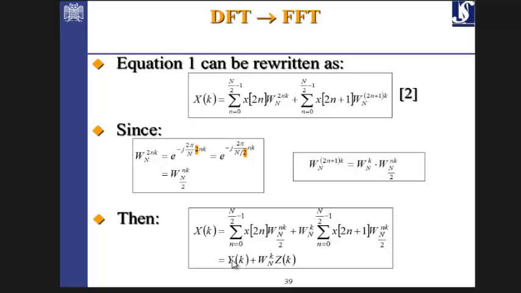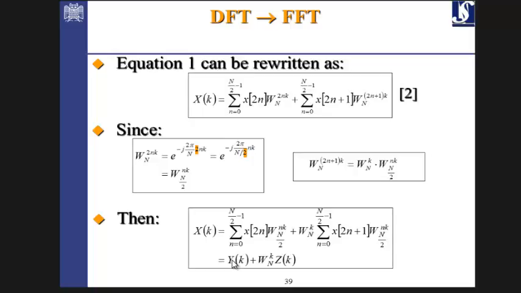And if you use such a thing, then you can simplify that, because we know that, for example, this function W_N to the power of 2nk can be rewritten in this form, and for the other part it can be rewritten in this form, and this is something common in both cases. So why should we try to calculate something 2 times?